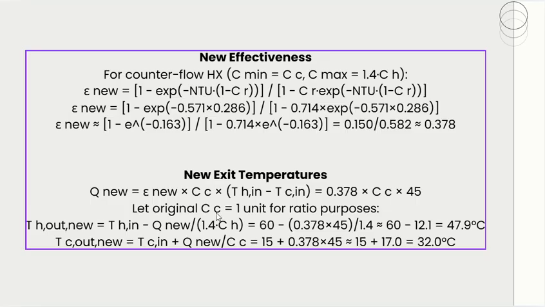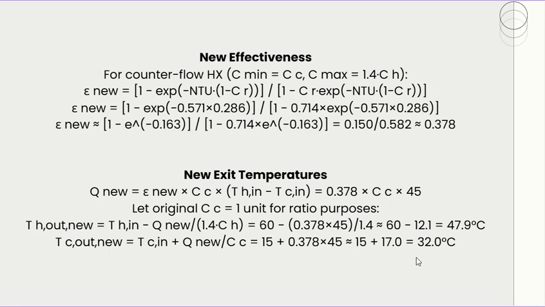Next, we calculate the new exit temperatures using the formula Q equals epsilon into C delta T. So we get the hot fluid temperature as 47.9 degrees Celsius and cold fluid temperature as 32 degrees Celsius.